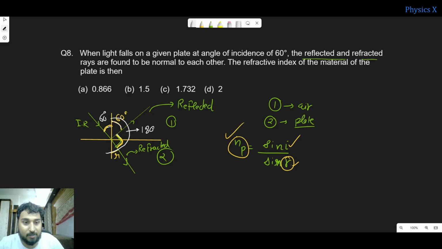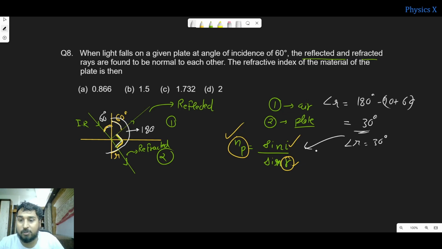This is 60 degrees, this is 90 degrees. So r is 180 degrees minus (90 plus 60) degrees. 90 plus 60 is 150, 180 minus 150 is 30 degrees. So the angle here is 30 degrees. Now I will use this in the formula.